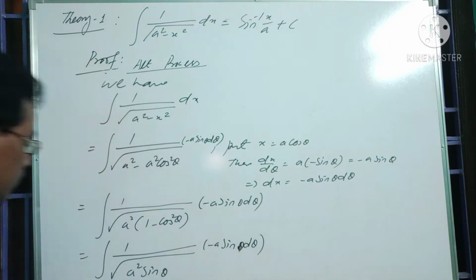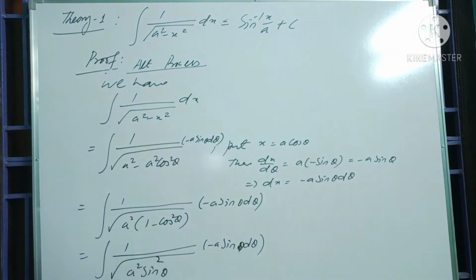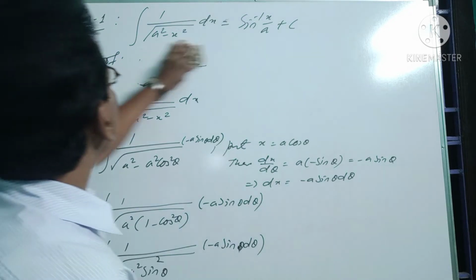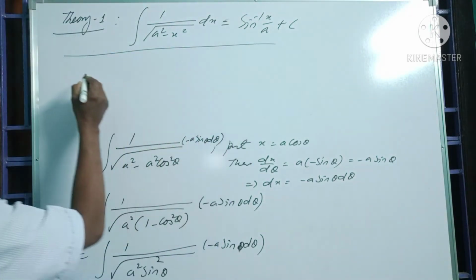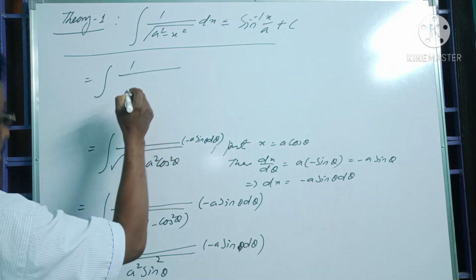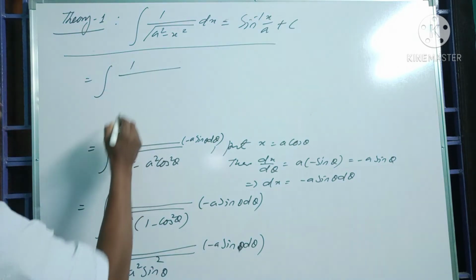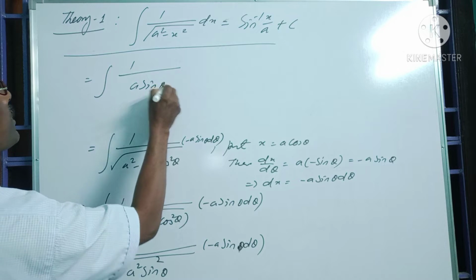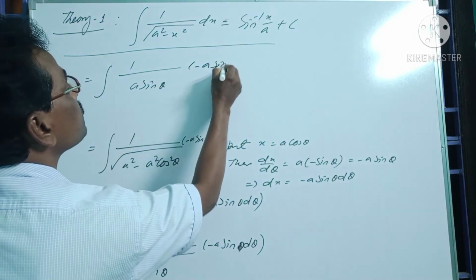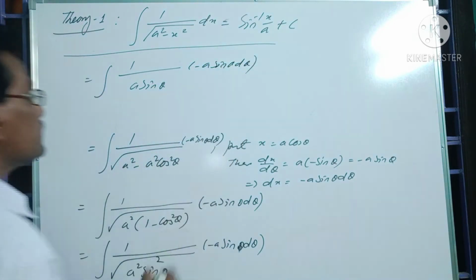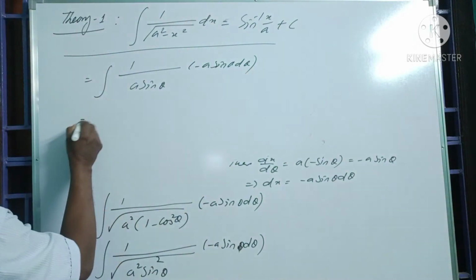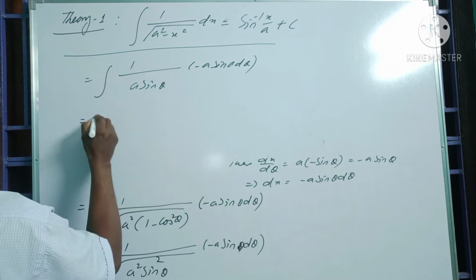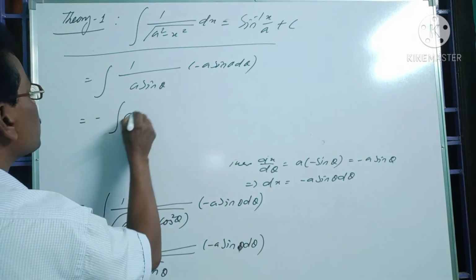Again simplifying, we have integration of 1 by a sin theta into minus a sin theta d theta. Taking minus out of the integral, we have minus of integration with respect to theta.